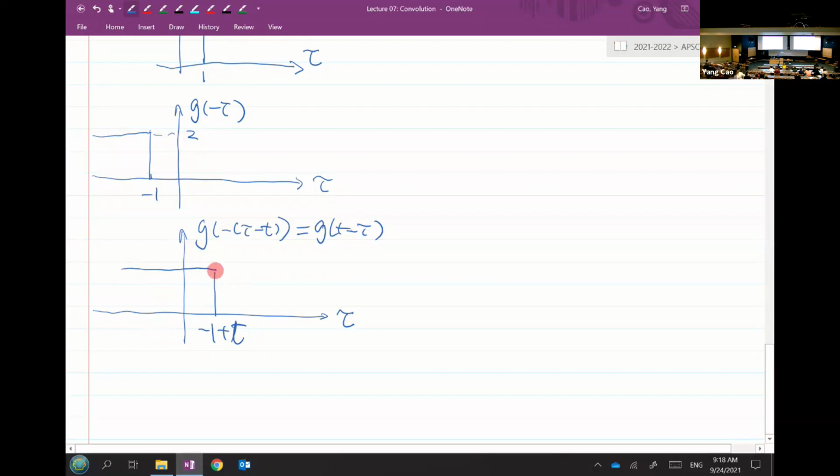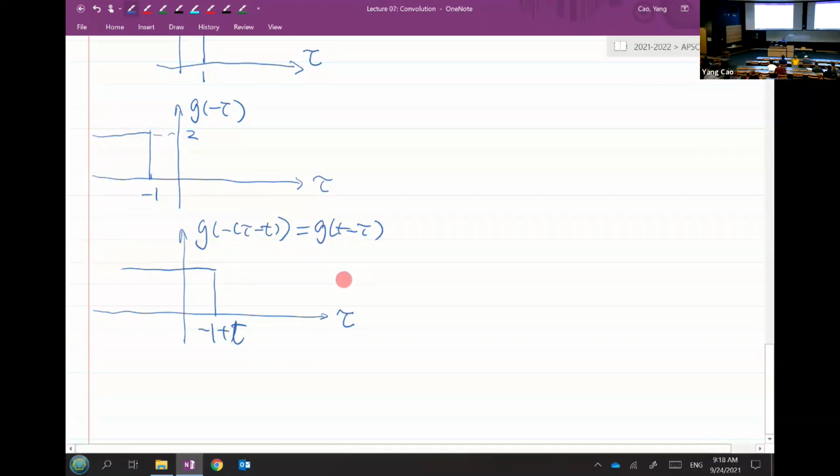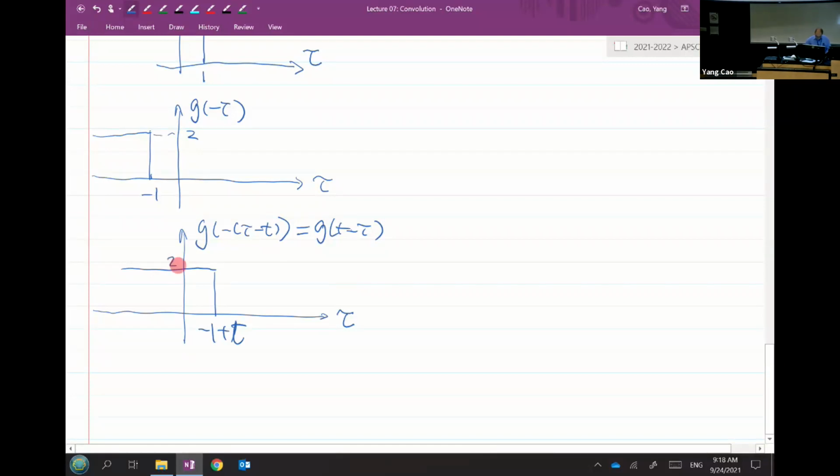But remember, what we're drawing at this step is more of a general drawing. That's actually the next step, where we will differentiate based on the actual value of t. Okay, good. Now we've got both of the graphs for f of t and g of t minus tau.